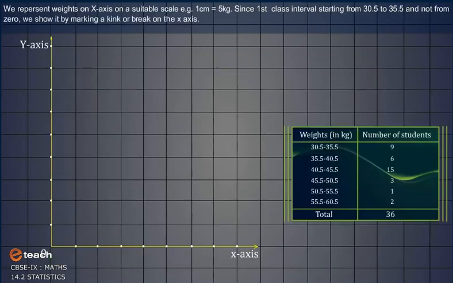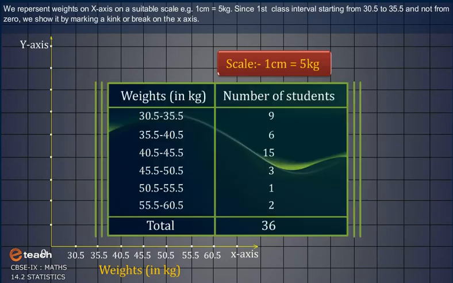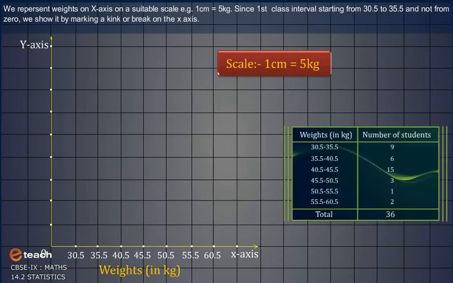We represent weights on the x-axis on a suitable scale, that is, 1 centimeter is equal to 5 kilograms. Since the first class interval starts from 30.5 to 35.5 and not from 0, we show it by marking a kink or break on the x-axis.